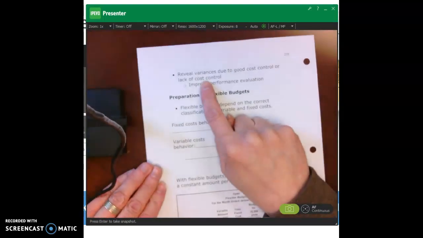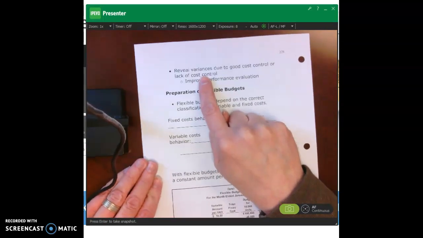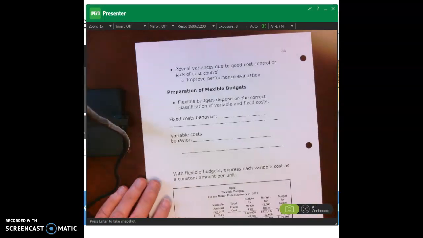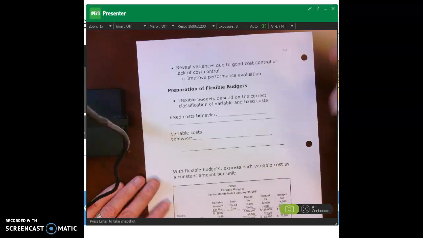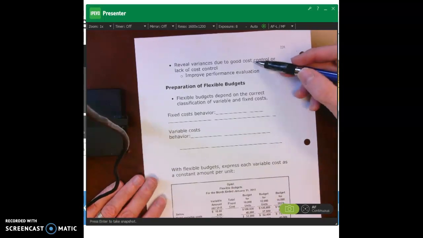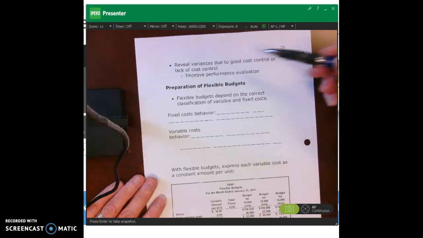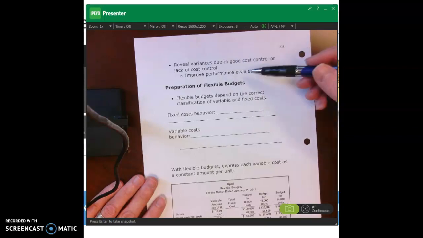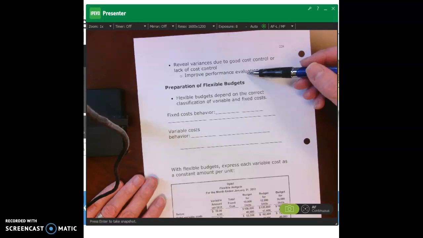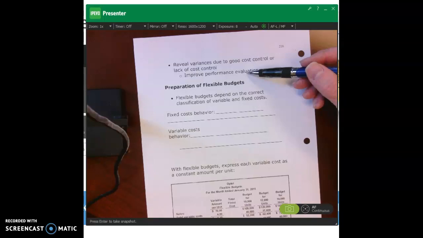Our flexible budgets can help us to reveal variances that are due to good or poor cost control. And that helps with our performance evaluation. Now we can hold managers accountable for controlling costs, and we can say, you can't claim the reason that your costs are higher is because you made more bottles of soda than you thought you would.